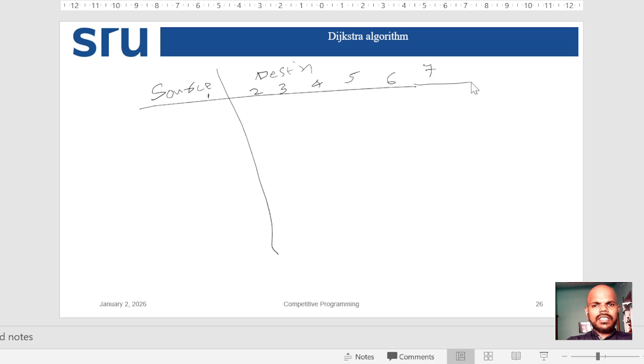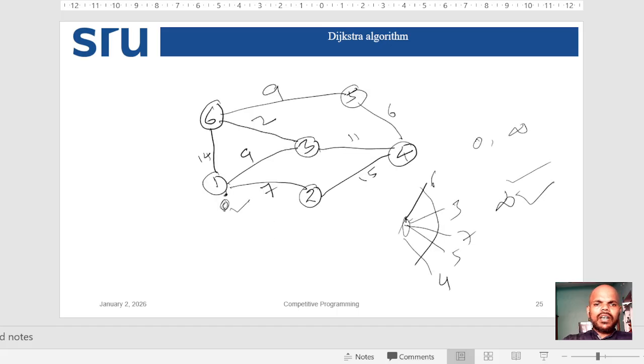So let us say this is the destination. In this, what is the source? Source is 1. Now you can see, initially I am in position 1 and I am not aware of the paths 1 to 6, 1 to 3 and 1 to 2.